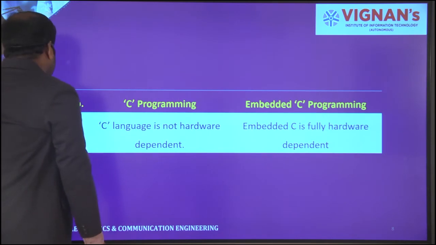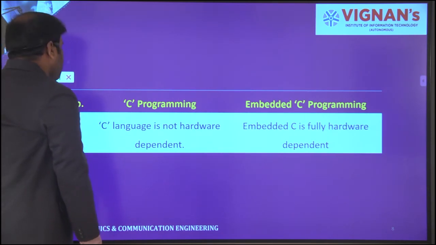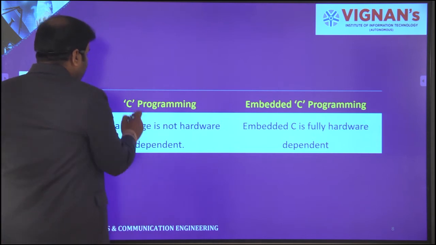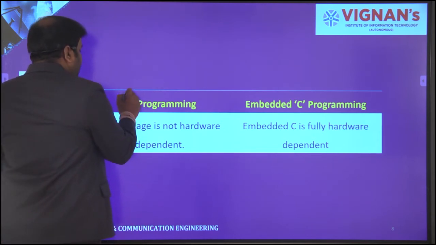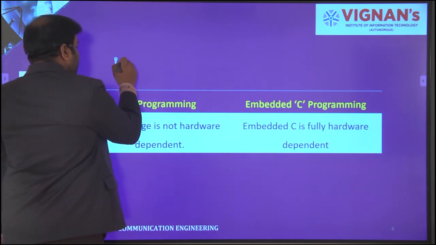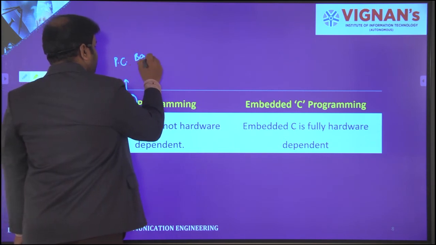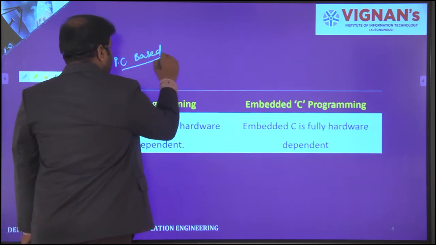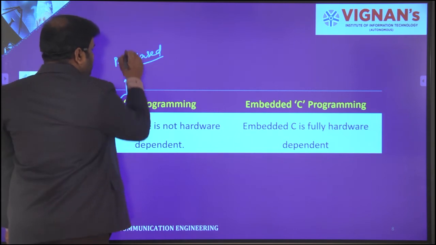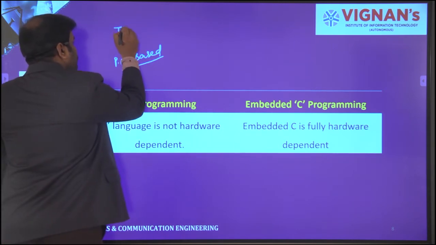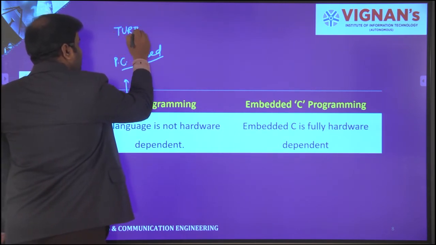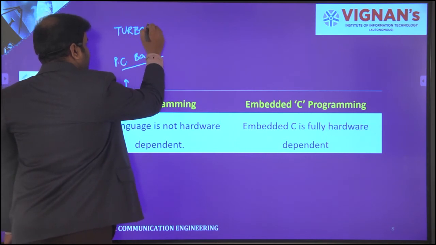And the next one is that C language is not hardware dependent, because we know this is always PC based. For example, as we already know about the C programming language, the software that supports implementing it on a PC is Turbo C, right?